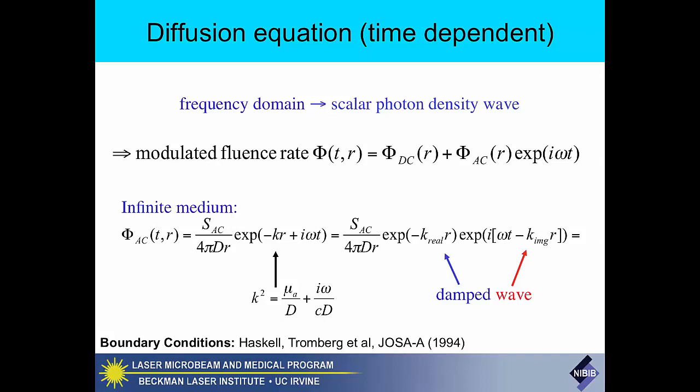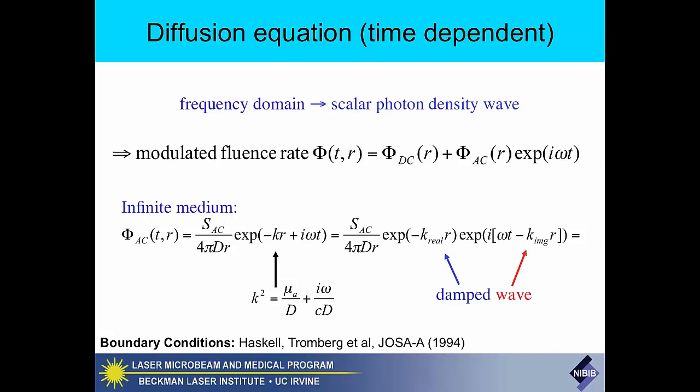So in an infinite medium, and this will hold true for any boundary condition, this is the basic functional form: we can describe the AC component of the source as having real and imaginary components.